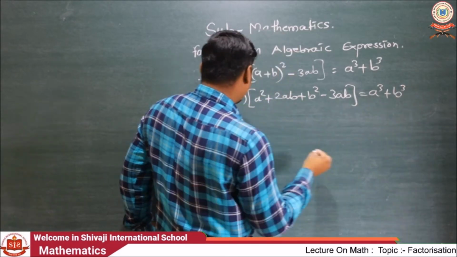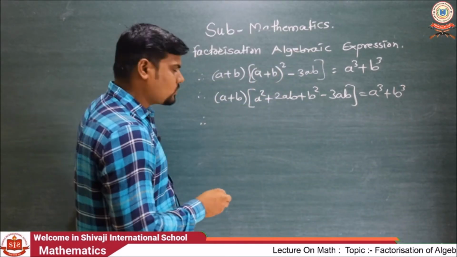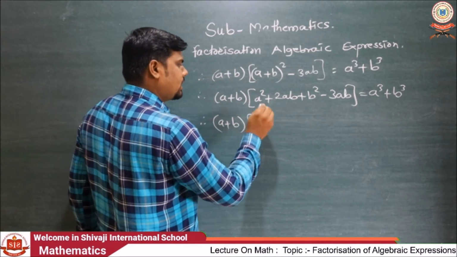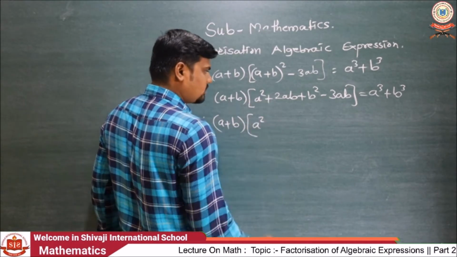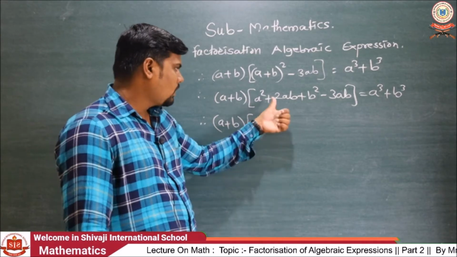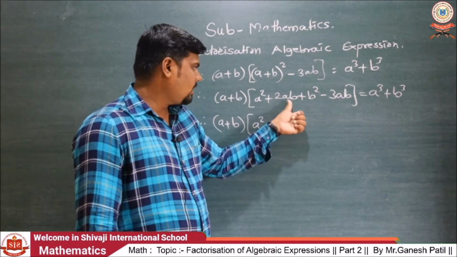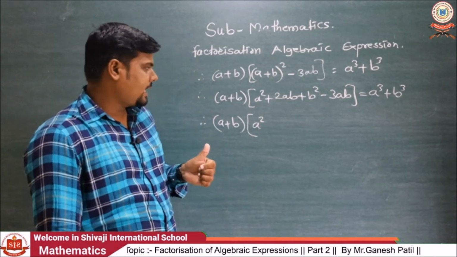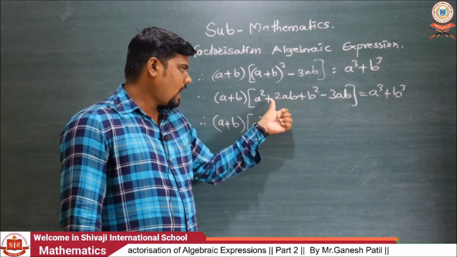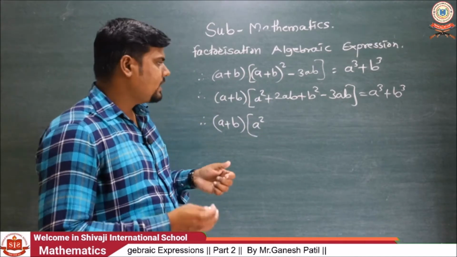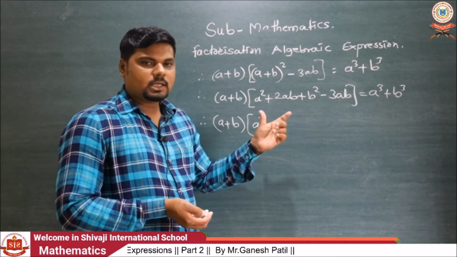Then (a plus b) as it is, then a square. See here twice ab and thrice ab; both are like terms. 2 has a plus sign, 3 has a minus sign, so we do the subtraction.